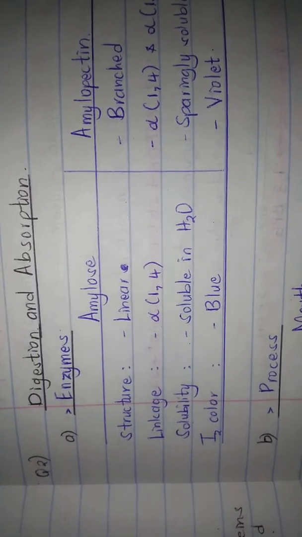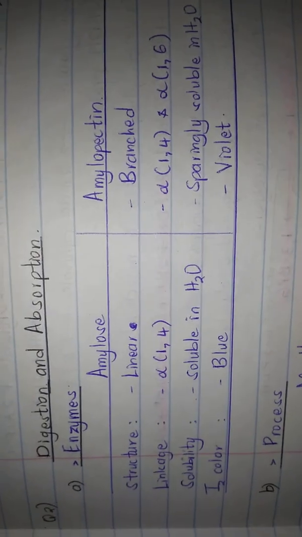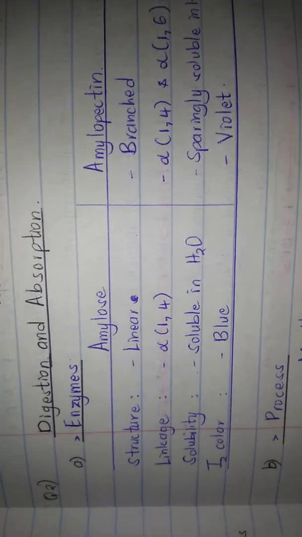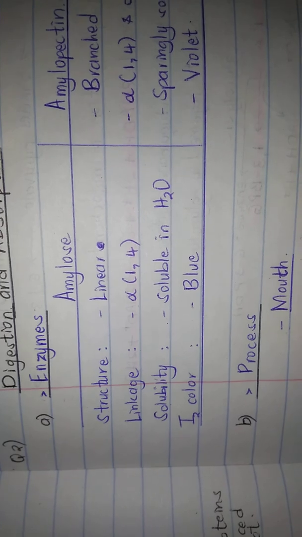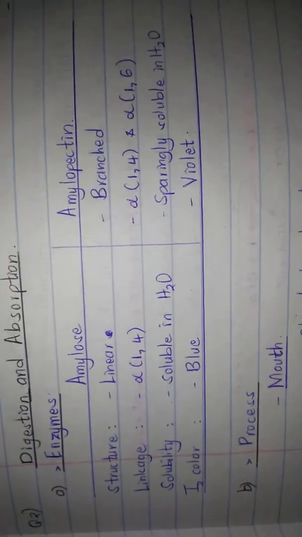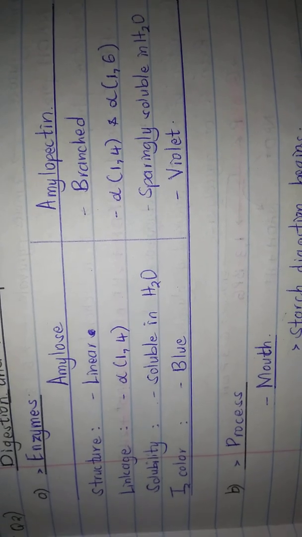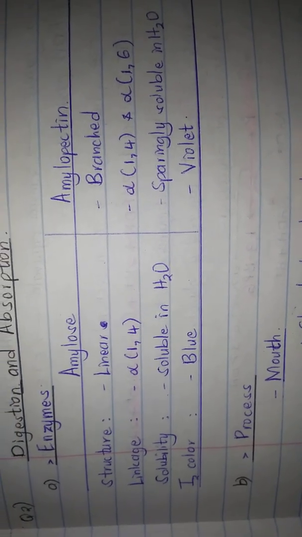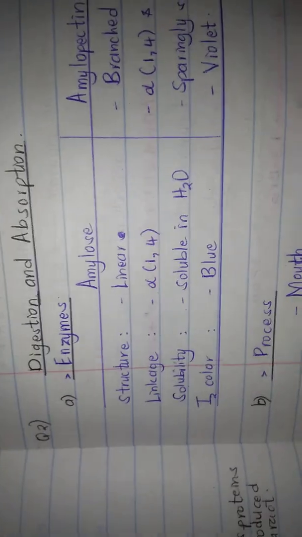The first one, structure. Amylose has a linear structure. Amylopectin is branched. And then for linkage, amylose has alpha 1,4 linkage, while amylopectin has alpha 1,4 linkage and alpha 1,6 linkage.